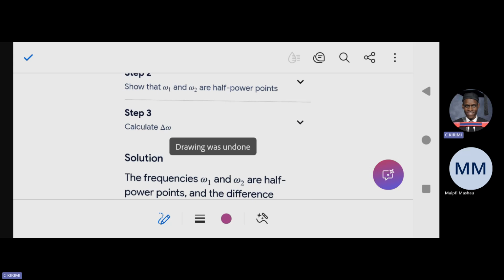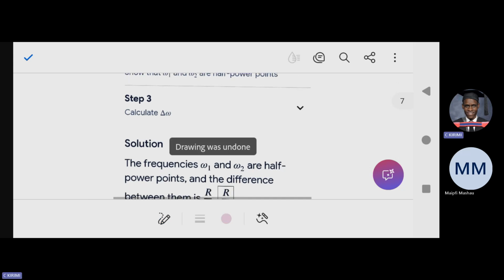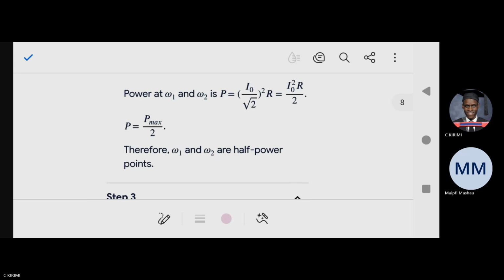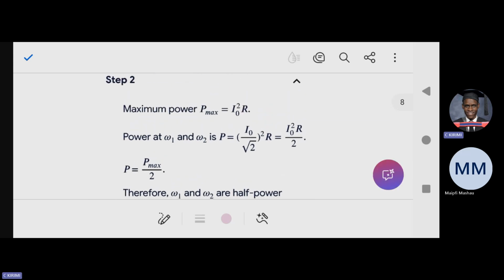We showed that delta omega is equivalent to R over L. And we also showed that those W1 and W2 are half power points.